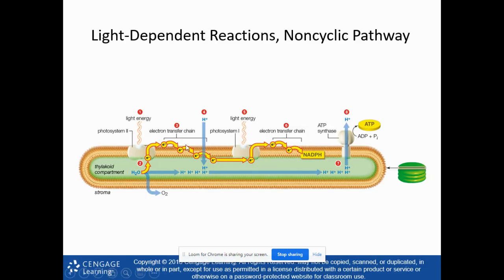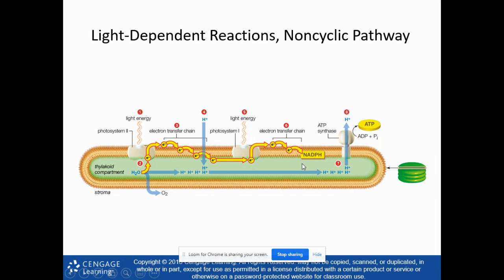All right, so here are the electron transfer chains, and every time an electron is transferred from one molecule to another, energy is released to bring hydrogen ions against their concentration gradient. And the only way for those hydrogen ions to go down their concentration gradient is through ATP synthase, which uses that energy to make ATP.